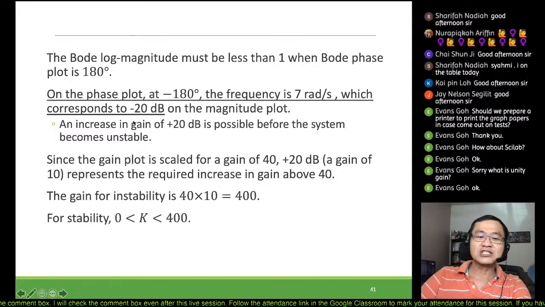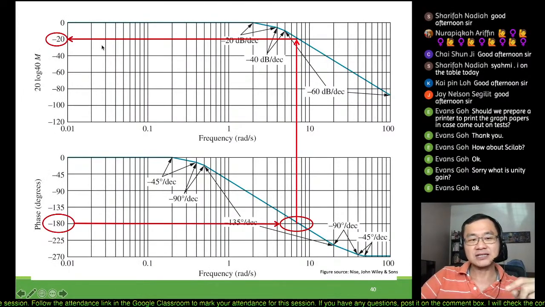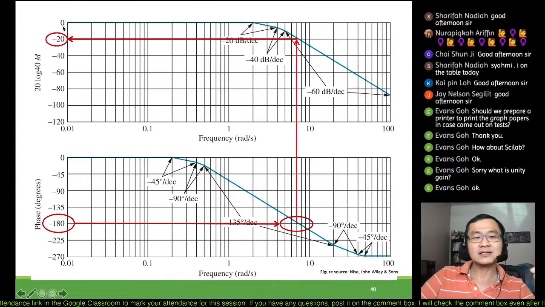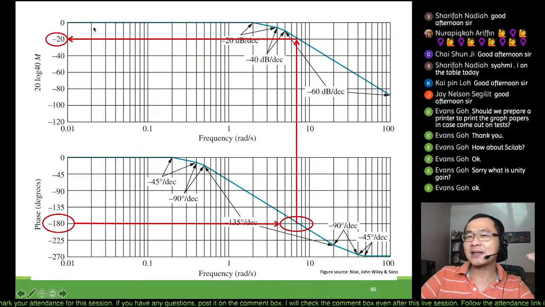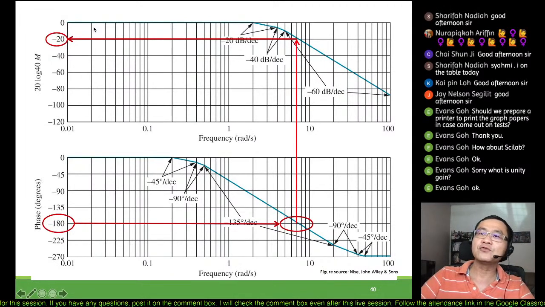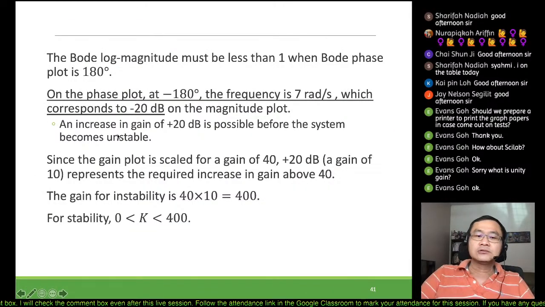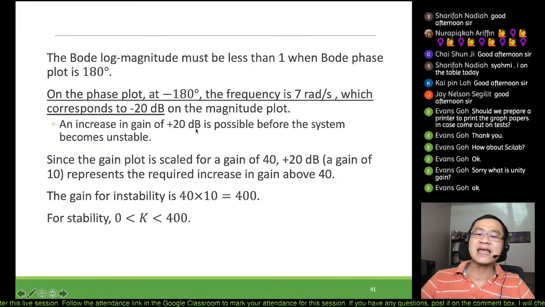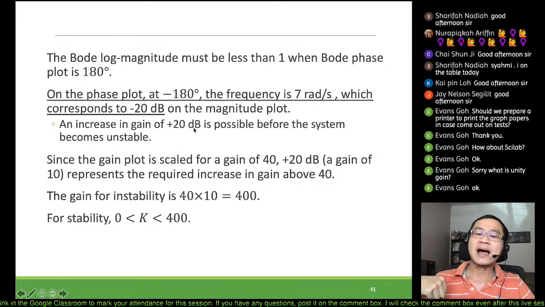If you adjust the gain by adding 20 dB, then it will start to reach 0, and at that particular point the system will start to become unstable. Right, so this is the idea. So there is a 20 dB gain that the system will become unstable.